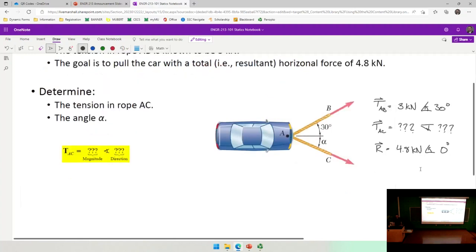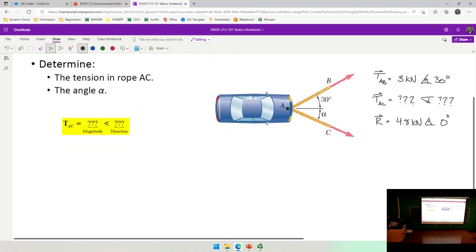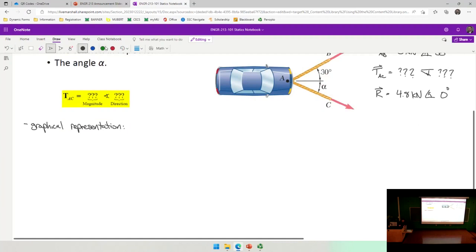So let's draw this out. Let's draw this in a graphical representation like we've done before. All right, graphical representation. We're going to start off with point A. So we'll put a point A right here. And we're going to stack on here our first vector.